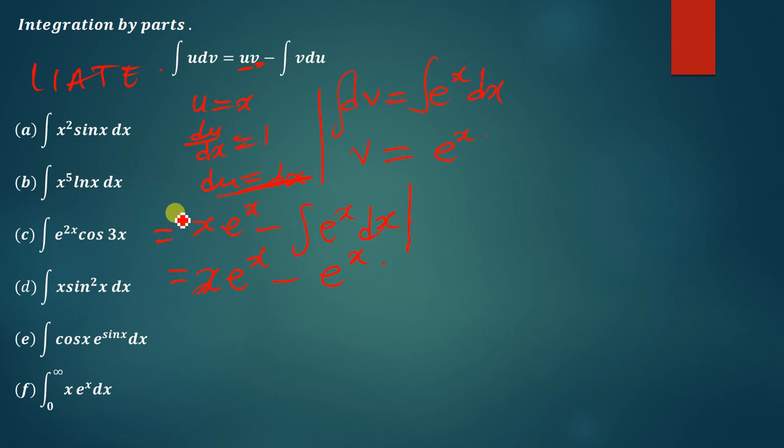The limits we have are infinity and 0. So if we place the limits into the expression, to make our work easier, we can just say the expression here is just this part here.